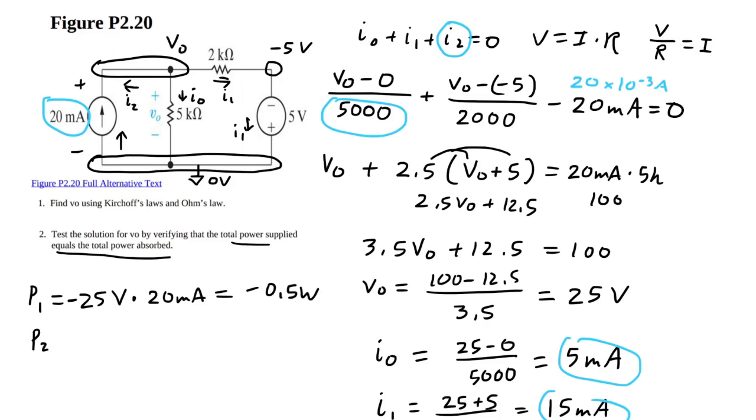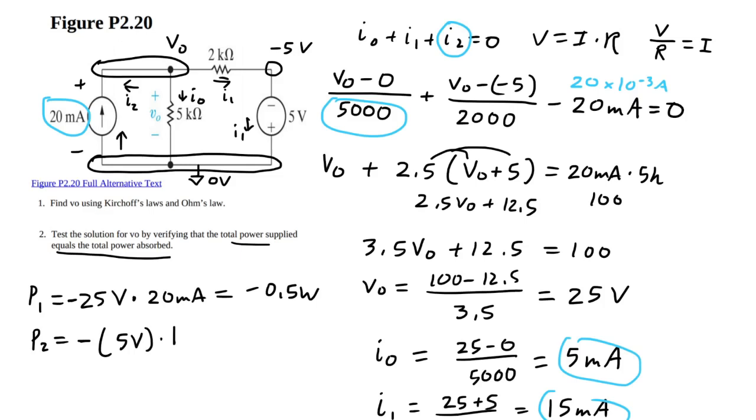Let's say P2 is the power supplied by the battery, or the voltage source. So we're going minus to plus, we're going to have minus up front. We have 5 volts. Let me put the unit just to be clear. 5 volts times I1, which is 15 milliamps.